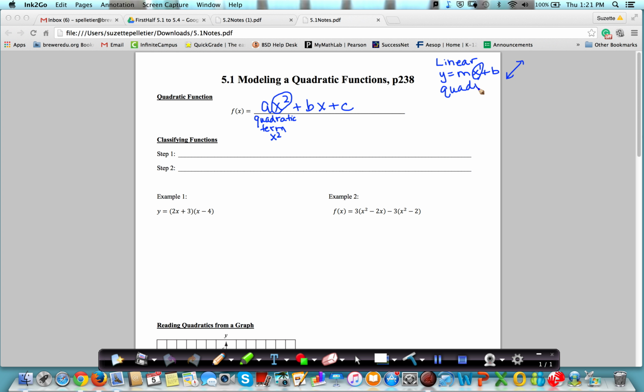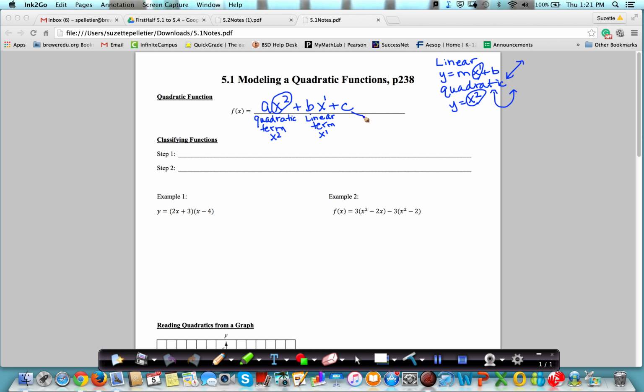Quadratic, x to the second power, makes it look like this. So now it looks like what's called a parabola. So x squared is a quadratic, x to the first power was linear, and since this x is to the first power, we call this our linear term. Okay, and the reason is x to the first power.